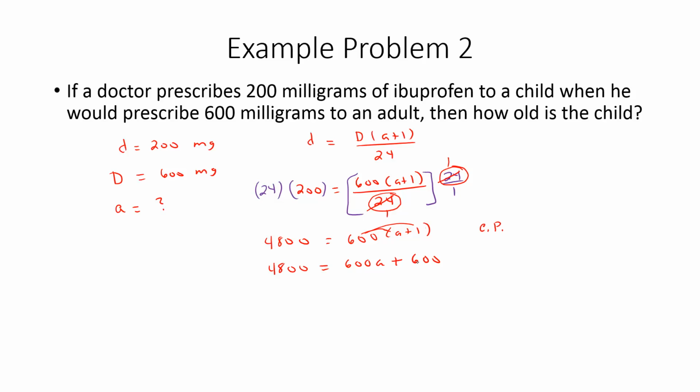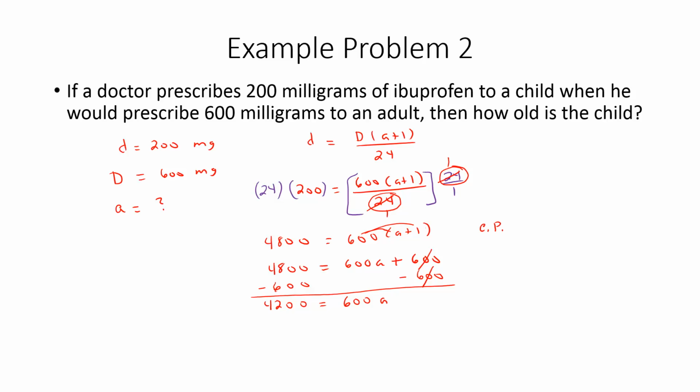So I want to move this 600 over to the left hand side to get it away from that variable term. So since I have plus 600, I'm going to use the opposite operation. I'm going to subtract 600. Now in equations, whatever you do to one side of the equation, you must do to the other side in order to keep that equation balanced.